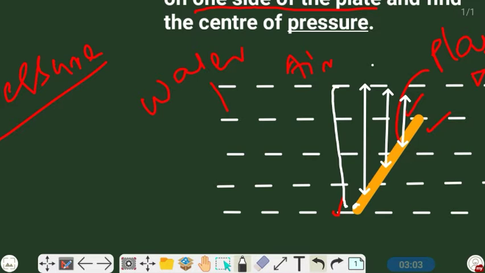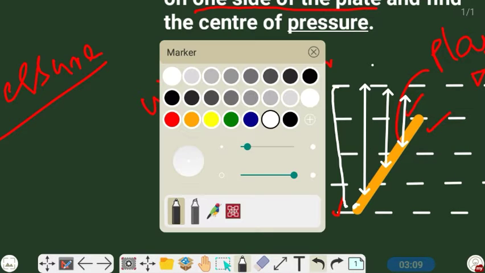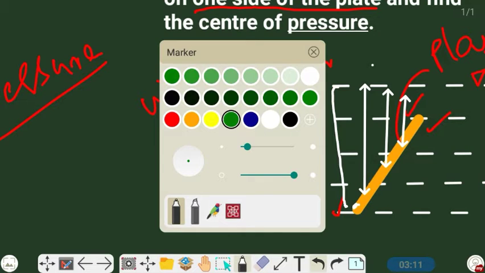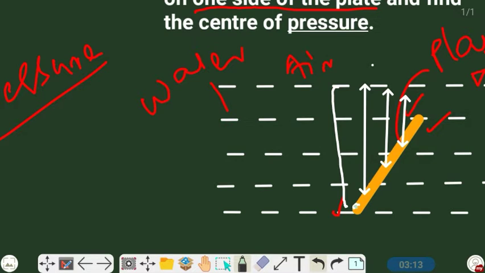So the pressure exerted by the fluid on the body will also change. The pressure exerted on this point will be higher because the vertical distance is more. The pressure on this point will be a bit lower, because the vertical distance is slightly less. So again it will decrease, decrease, decrease.